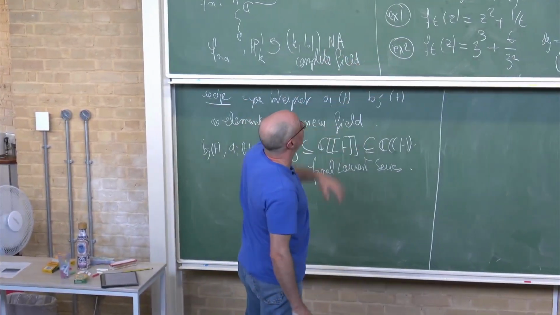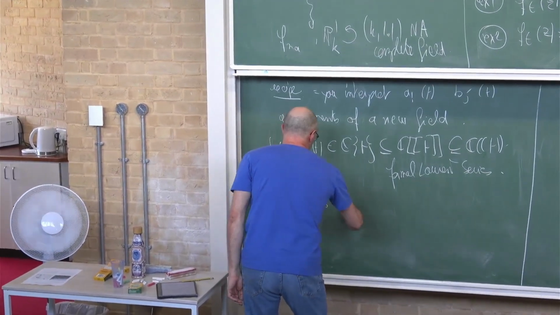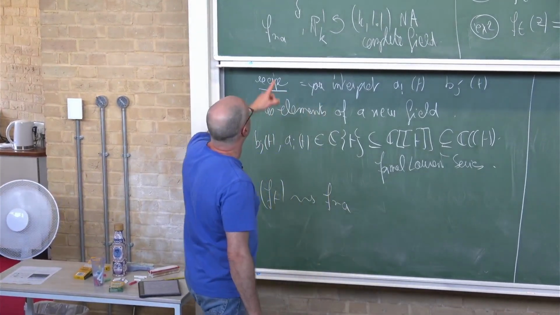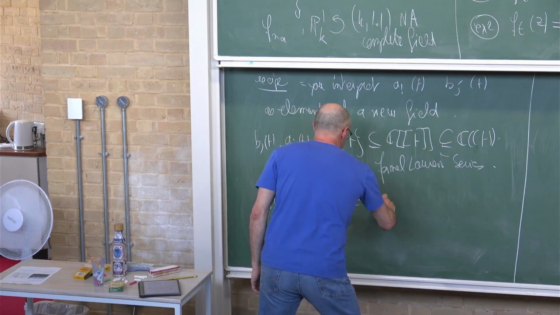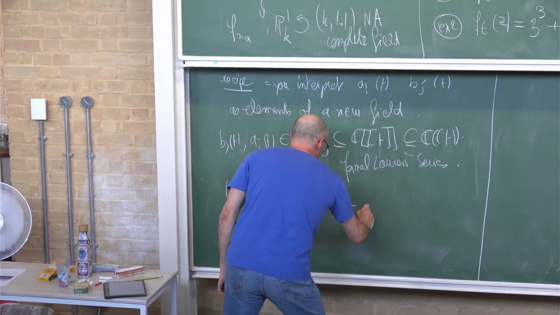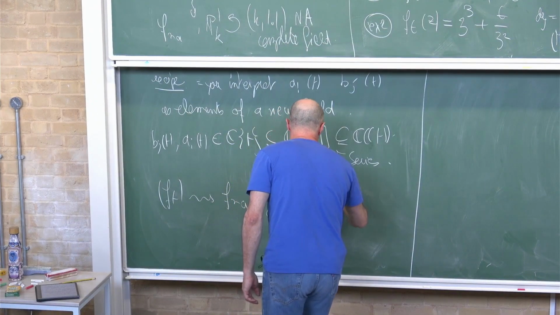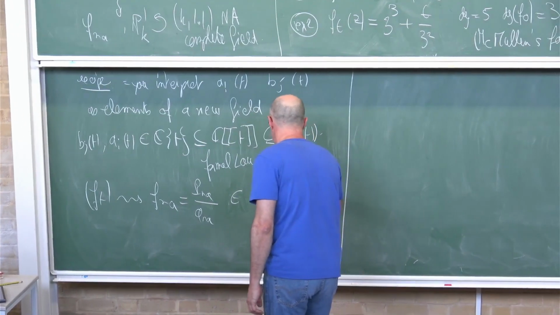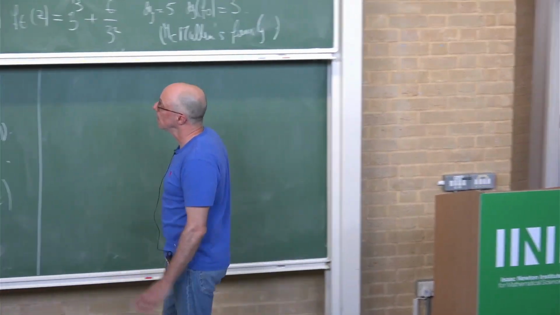And so when you have a holomorphic family like this, you can attach F_na. It's going to be a rational map, P_na over Q_na, with coefficients in the formal Laurent series.